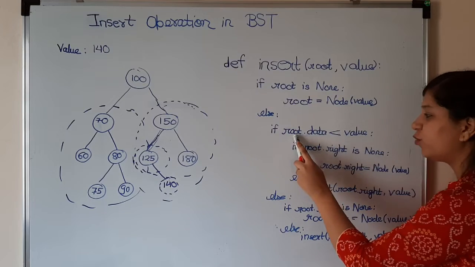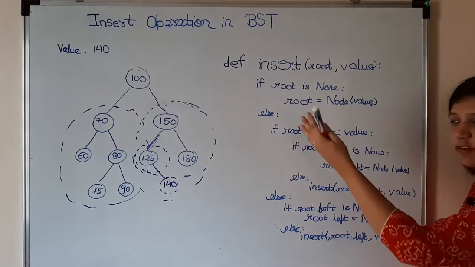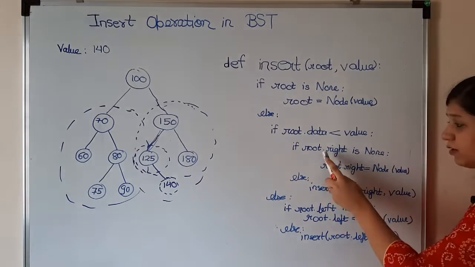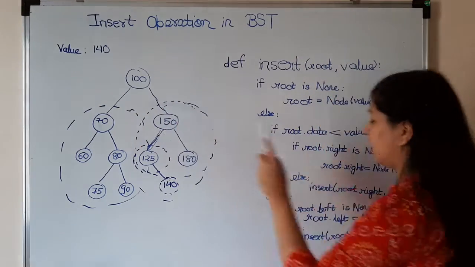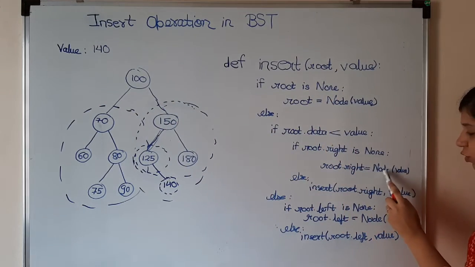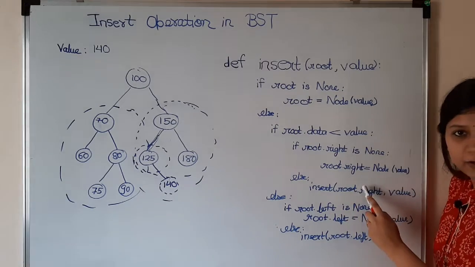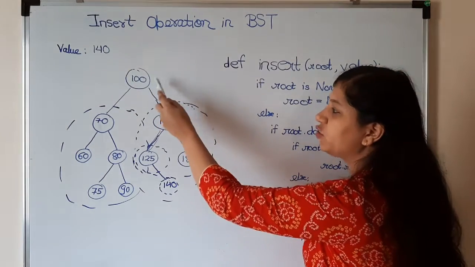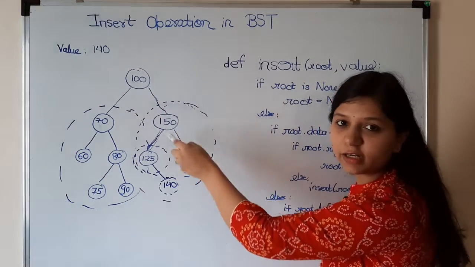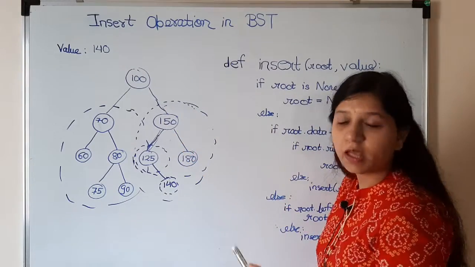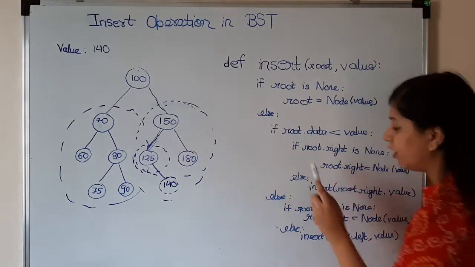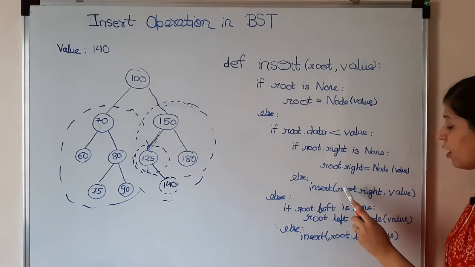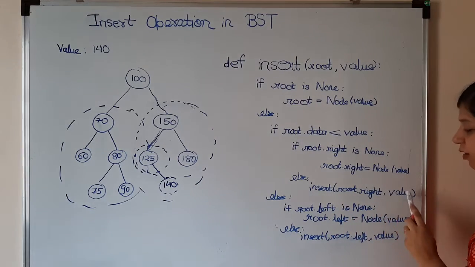Else, if root dot data is less than value, if your value is bigger, in that case, if root dot right is none, it means if there would have been nothing, we would insert node in the root dot right. Okay, then its right should have the reference to the new node. You will create a new node and you will keep the reference here. But in the else part, if it has got something, then we'll call the insert method again, but with the root dot right comma value.